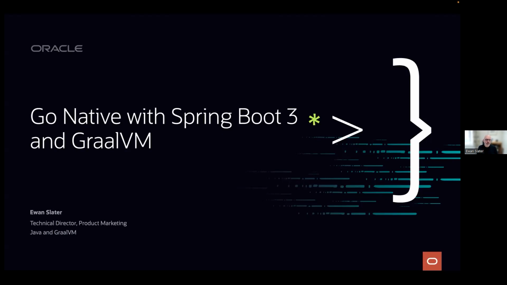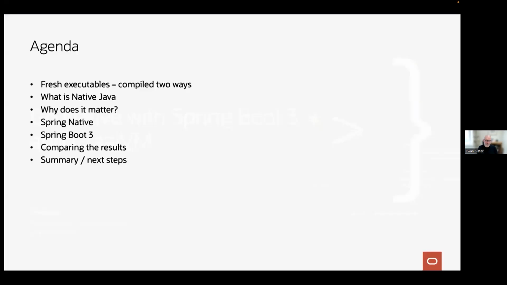So the session today, I'm going to go over the compilation of some executables. And then we're going to have a bit of a discussion. I'm going to talk about what is native Java, why does it matter, why does it matter to you, why does it matter now, talk a little bit about Spring Native, which was the project to integrate native Java with Spring, and then about Spring Boot 3.